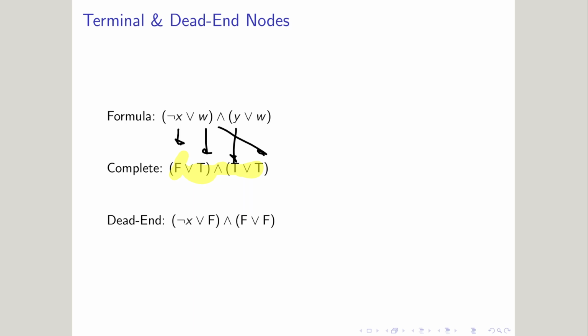So if I had set W to false, and for some reason set Y equals false, we don't need to bother considering what to do with X. We're just done with this. So this is a dead end node in our search tree.